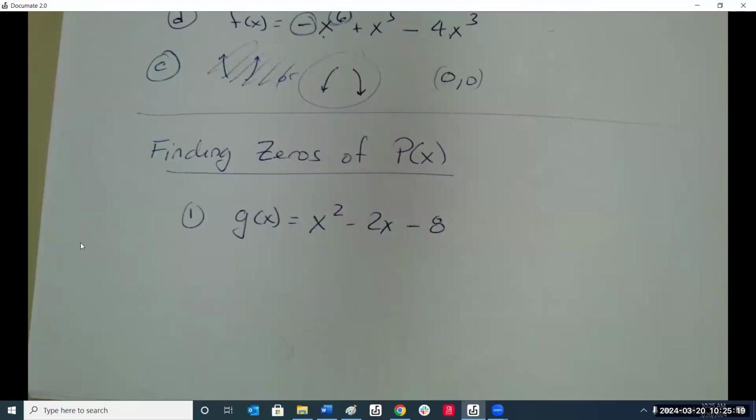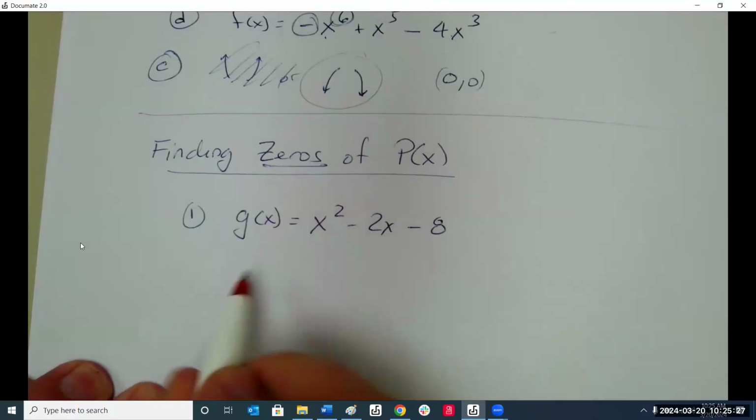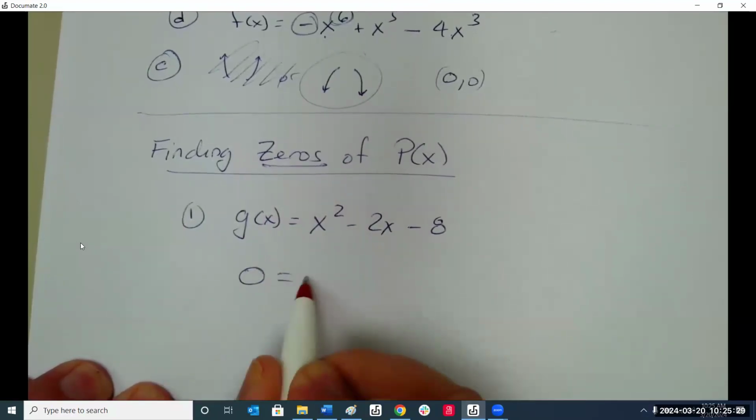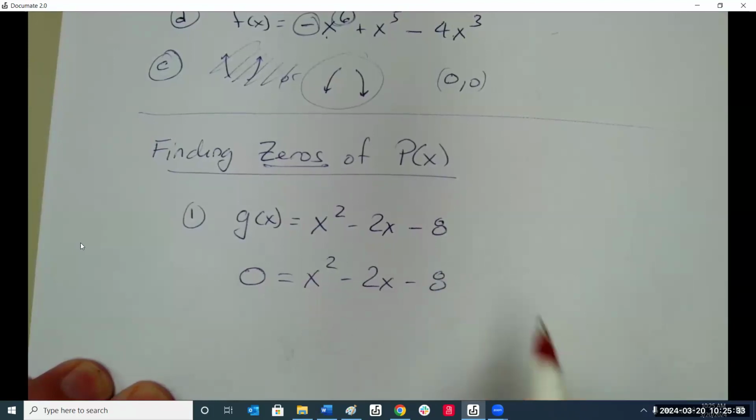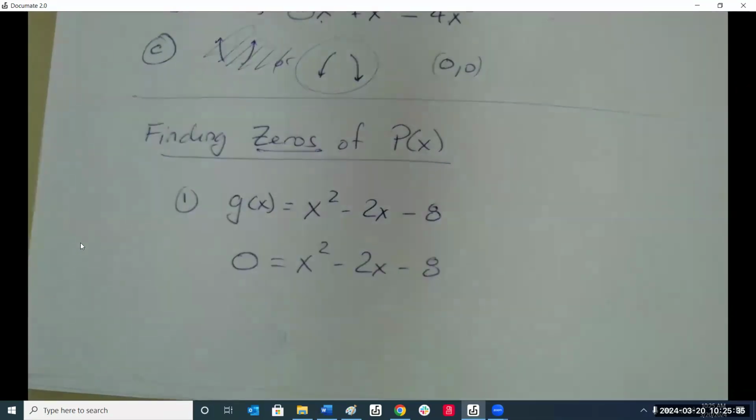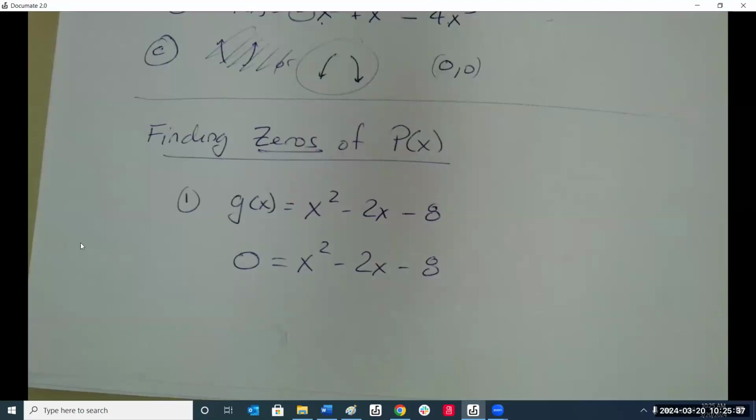When we say finding zeros, what are we talking about? X-intercepts. So when we're looking for zeros, we set the equation equal to 0. If you can factor it, great. If not, don't waste your time. Use the quadratic formula.